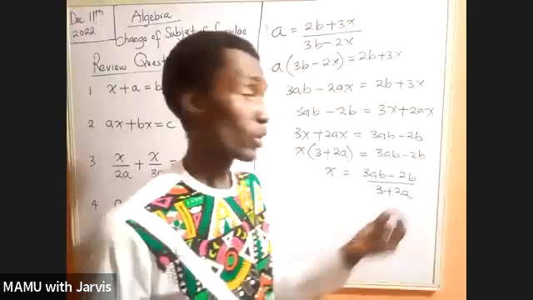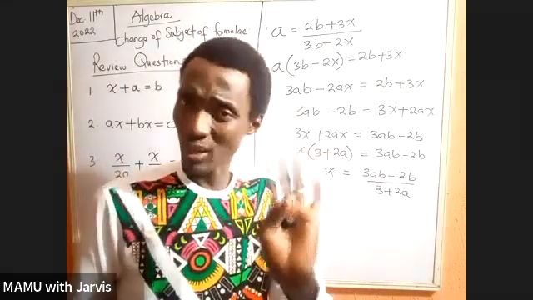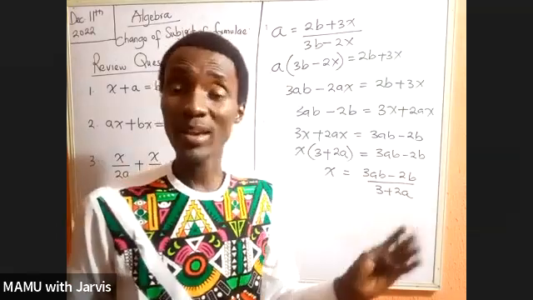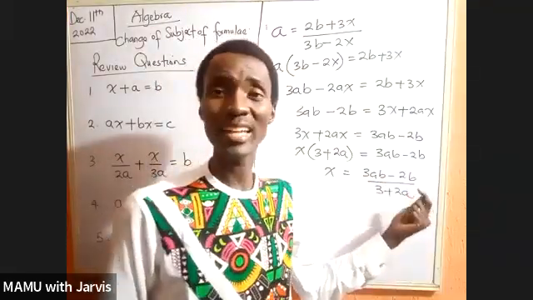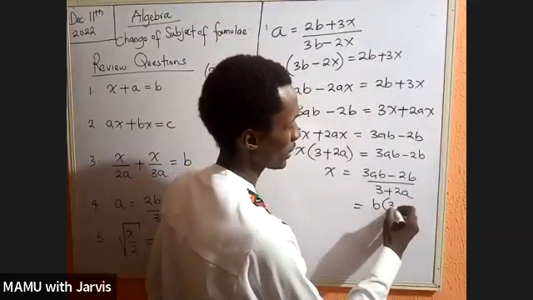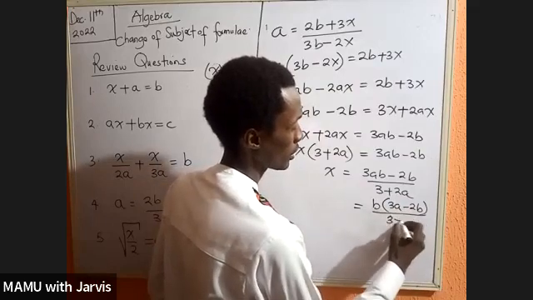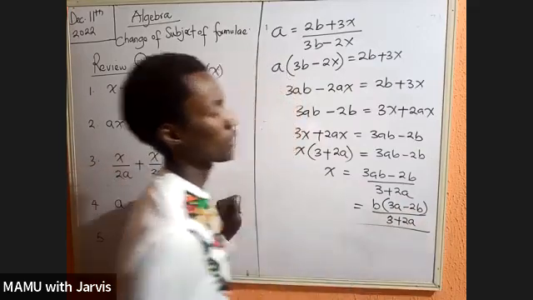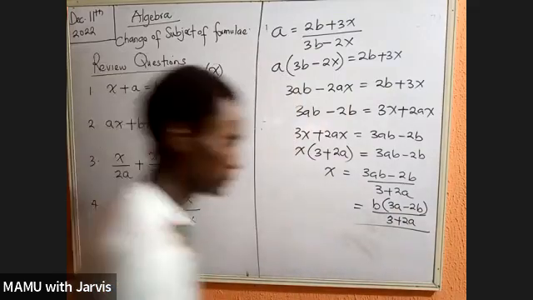Now, notice that you can go further to factor b out, but I've not bothered myself with that. I only bother if I'm taking an exam where I can't find this option, then I need to go further. I'm going to have b into 3a minus 2b all over 3 plus 2a. So that's what you're going to have for that question.